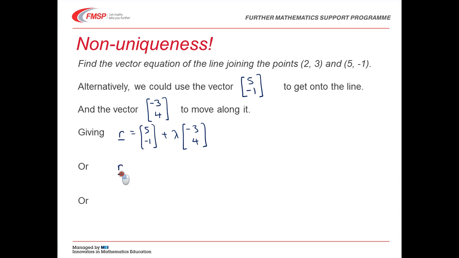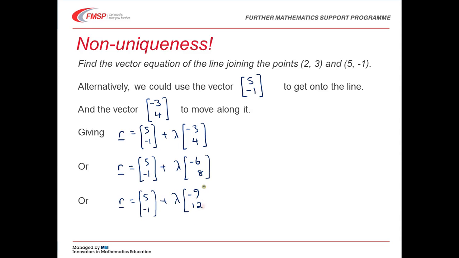And we've got lots of choice very easily for that direction vector. I could have used (-6, 8) or (-9, 12). Generally speaking, it's a good idea to use the simplest one.